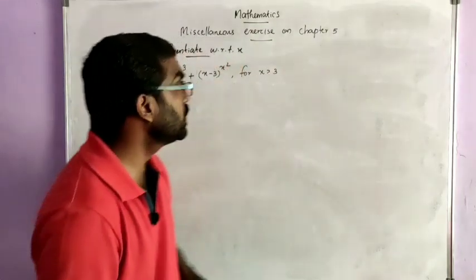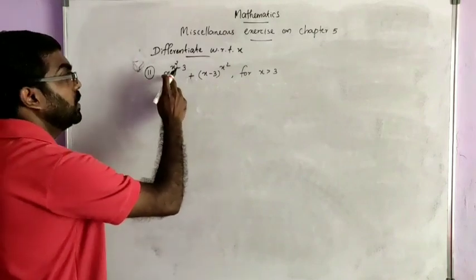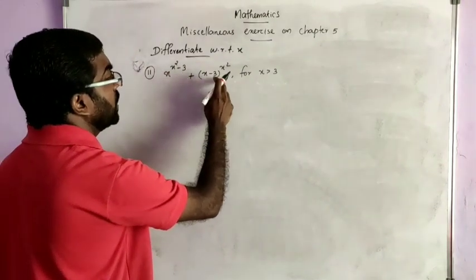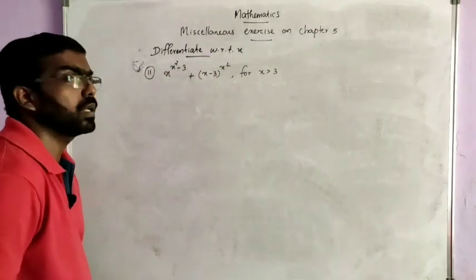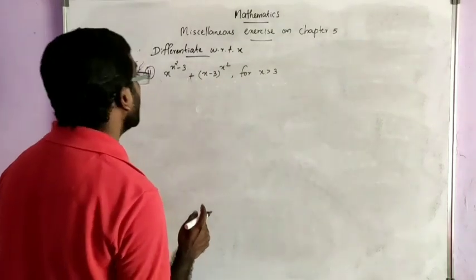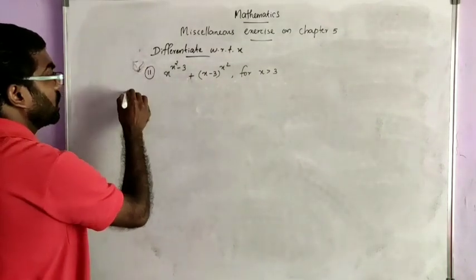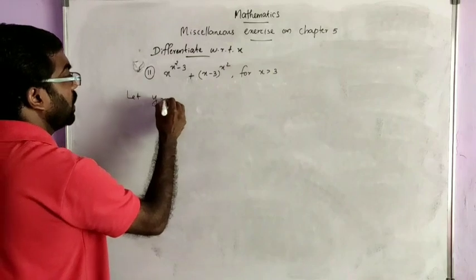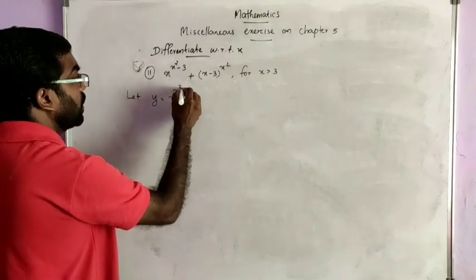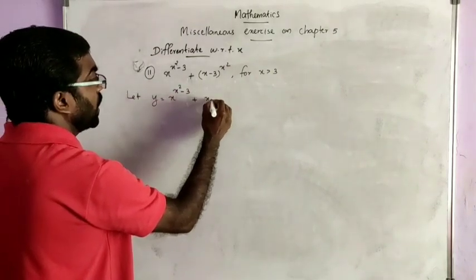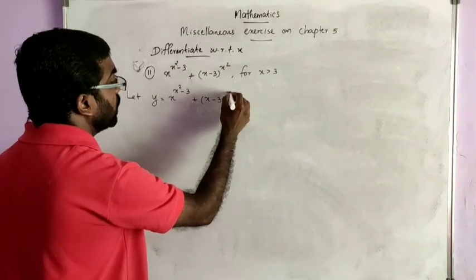Now the 11th question is x raised to x square minus 3 plus x minus 3 the whole raised to x square, for x greater than 3. Okay, so let it be y, that y is equal to x raised to x square minus 3 then plus x minus 3 the whole raised to x square.